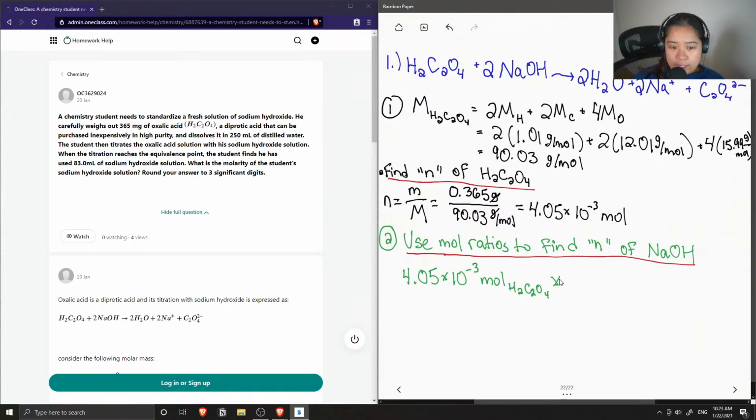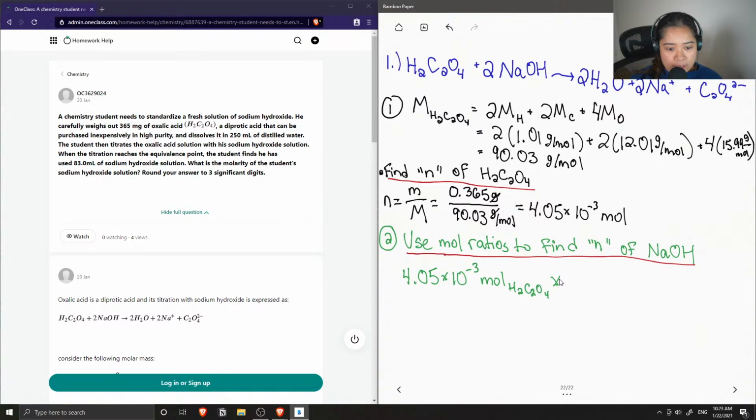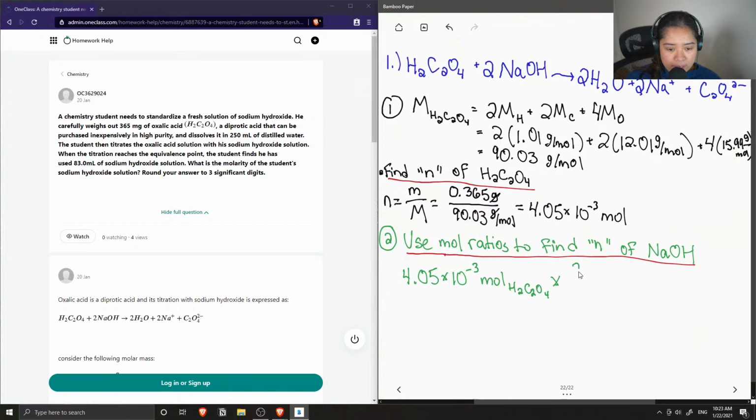And if we look at our balanced equation, then we can see that 1 mole of oxalic acid reacts with 2 moles of NaOH. So we need to multiply by 2 and we can show the ratio.